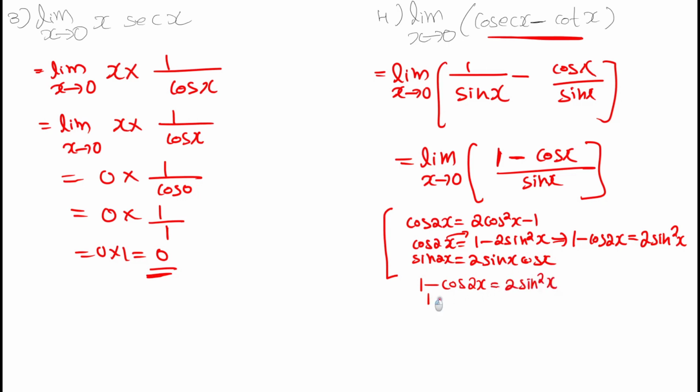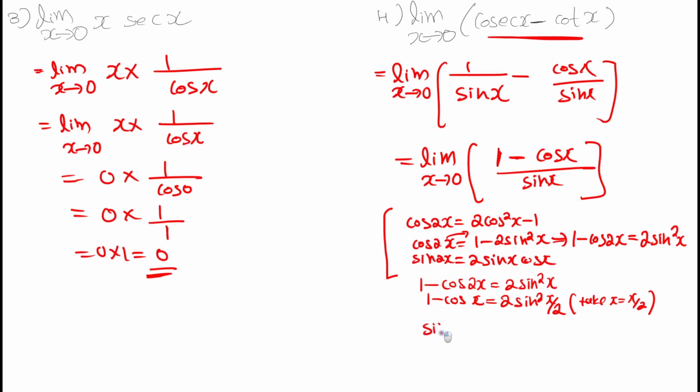So what will be 1 minus cos x? In place of 2x I am taking x, that is x is replaced by x by 2, the 2 gets cancelled, so that I will get x. So here I will get 2 sine square x by 2. Now see, again sine 2x is equal to 2 sine x into cos x is there.